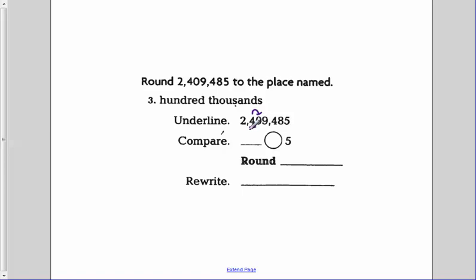And since the digit to the right is a 0, 0 is less than 5, so we are going to round down. So we rewrite this as 2 million even. 2 million, because the 0 says we round down, so everything else becomes zeros. 2 million.